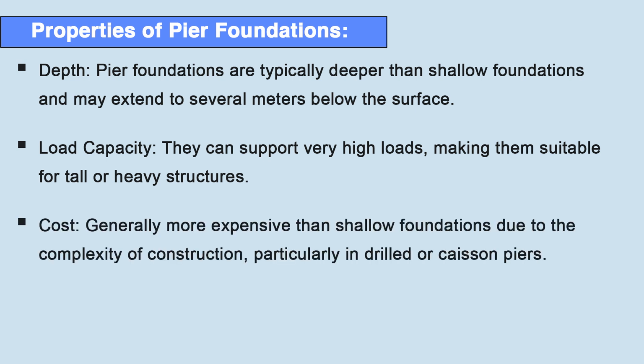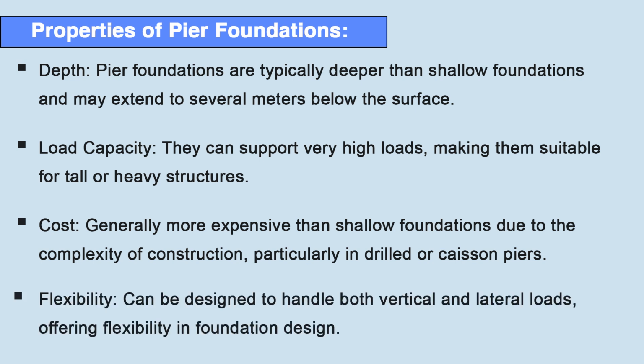Third is cost. Generally more expensive than shallow foundations due to the complexity of the construction, particularly in drilled or caisson piers. Fourth is flexibility. It can be designed to handle both vertical and lateral loads, offering flexibility in foundation design.